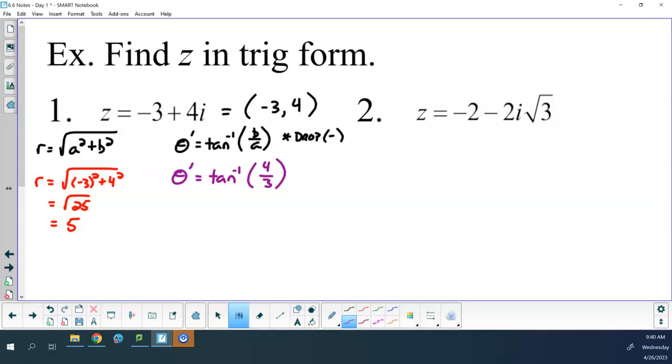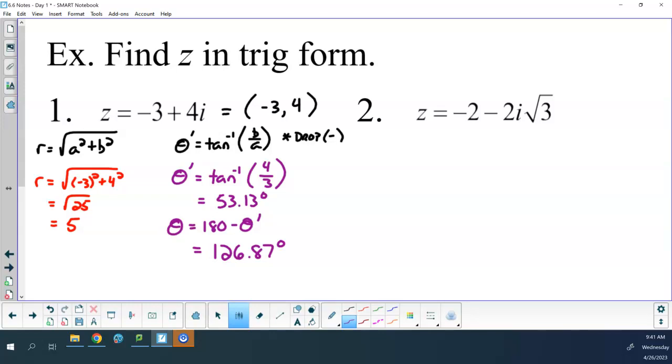What we got for a reference angle? Which quadrant is this complex number in? The 2. So how do I find actual theta? Oops, I put theta prime. Actual theta is 180 minus theta prime. So actual theta is 126.87.